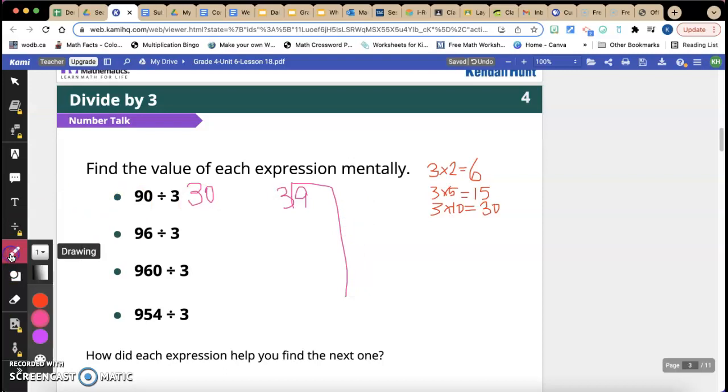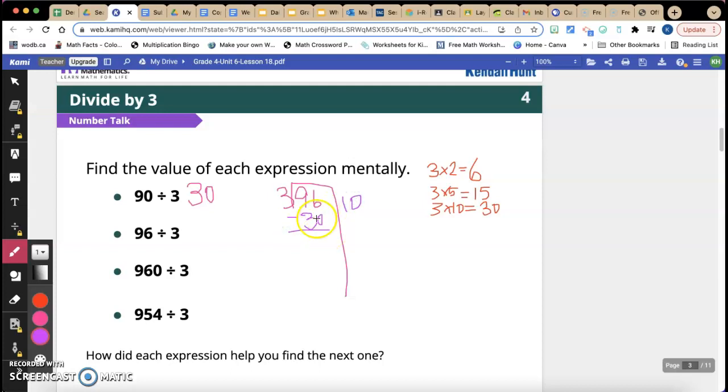If you can think of a strategy that might help us figure out how many times 3 goes into 96, keep thinking about it. 3 into 96, the closest I can get with my partial quotient is 30, just like before. 3 times 10 is 30.